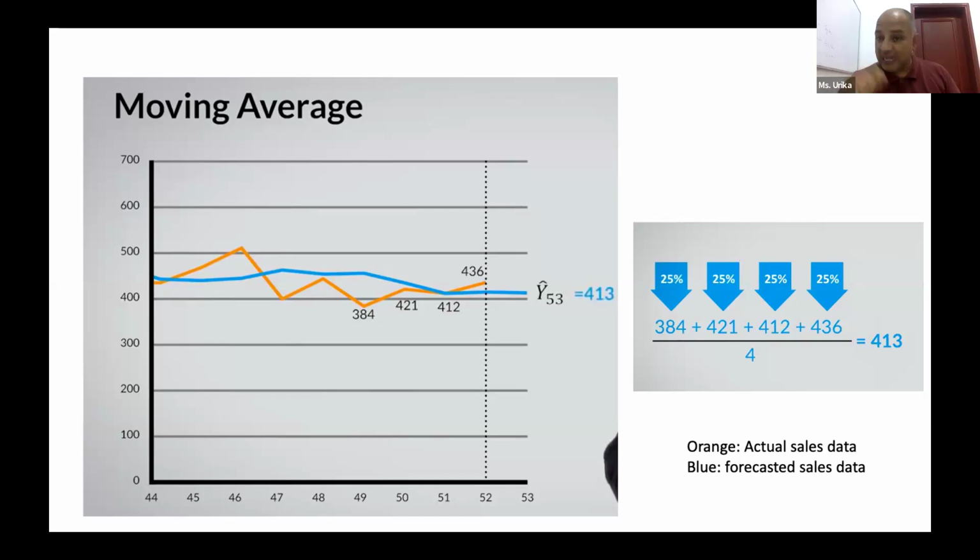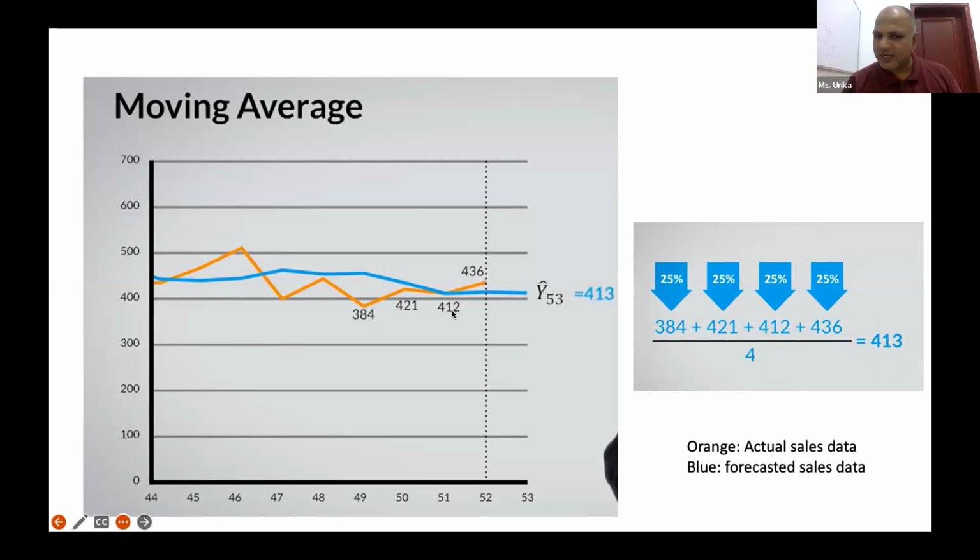But still, there are some errors. What is that error? You are giving the same weight to each because you are dividing by 4. There are differences. What is the difference? From 430, what is the difference if you subtract? Can you see here?